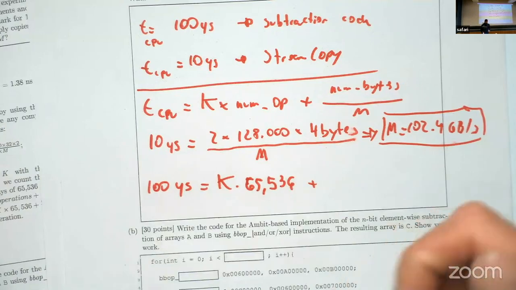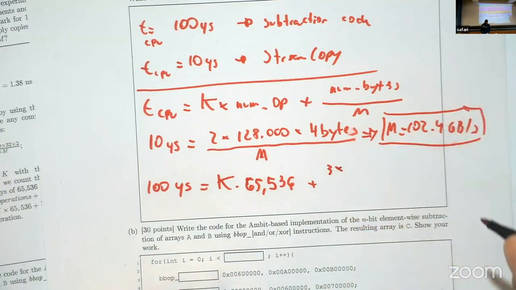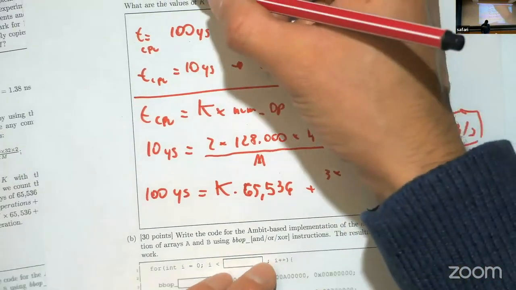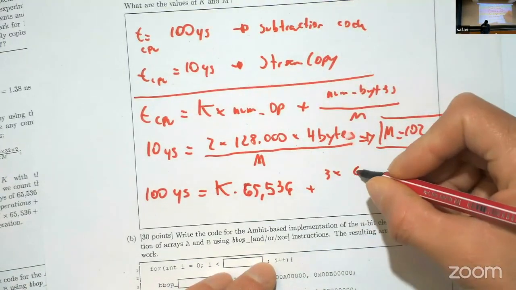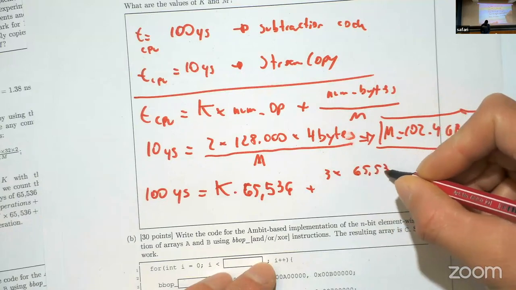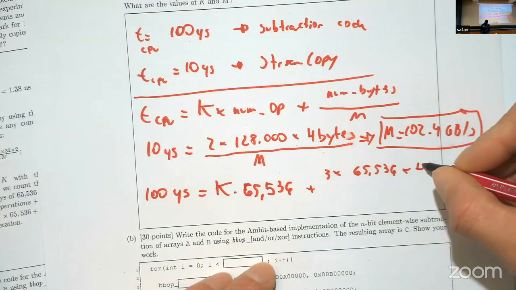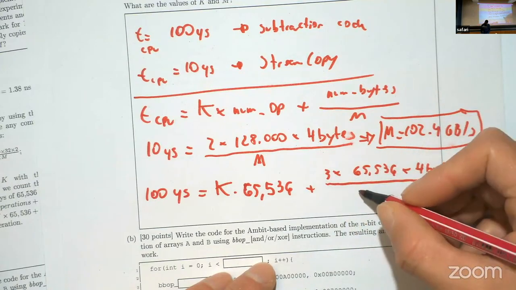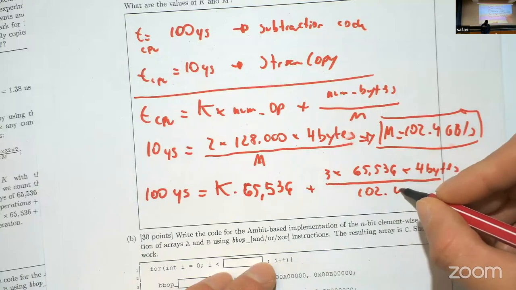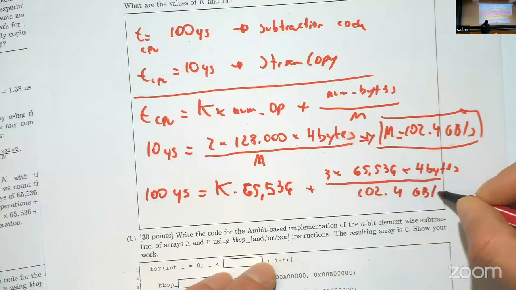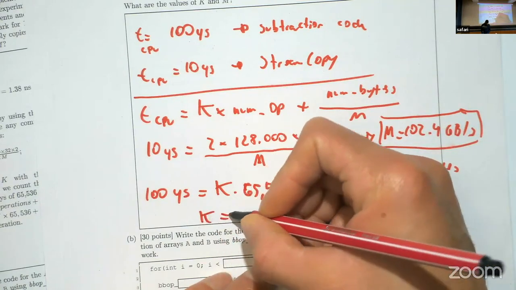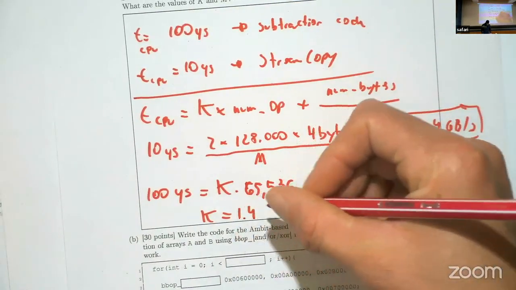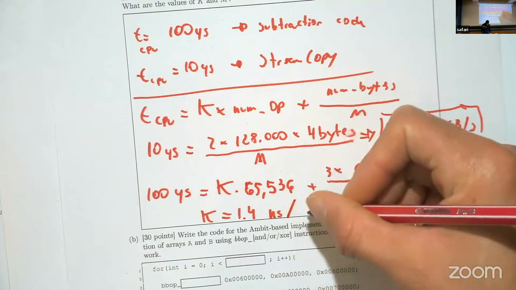Now you have 3 arrays, so you read 65,536 elements for each, and each element is 4 bytes. And the throughput is 102 gigabytes per second. If you isolate K here, you're going to find 1.4 nanoseconds per operation.